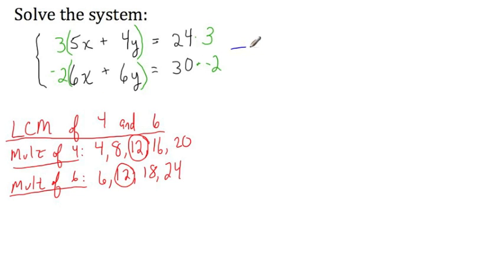Now I'm ready to rewrite both of these equations, and this time we have to change both of the equations. 3 times 5x is 15x. 3 times 4y is 12y. And remember, that's exactly what we wanted. We wanted the coefficient of y to be 12. Equals 24 times 3 is 72.